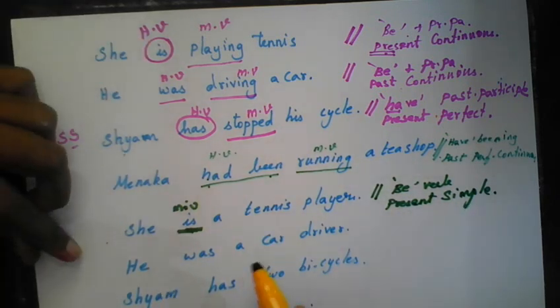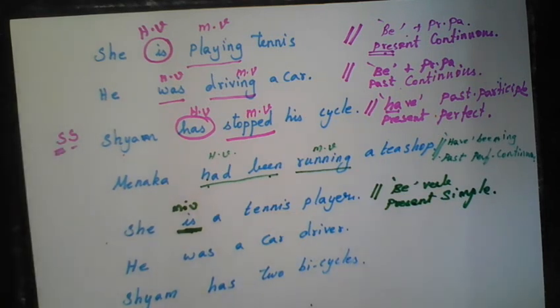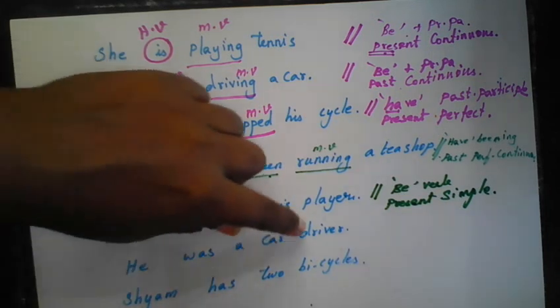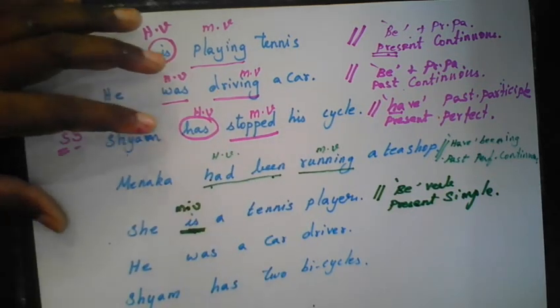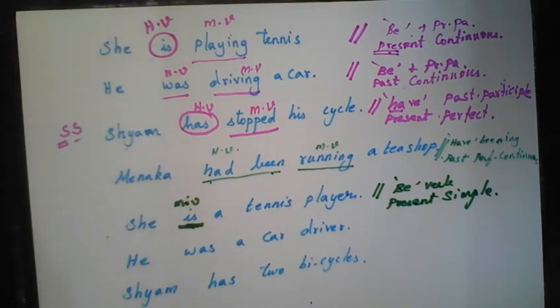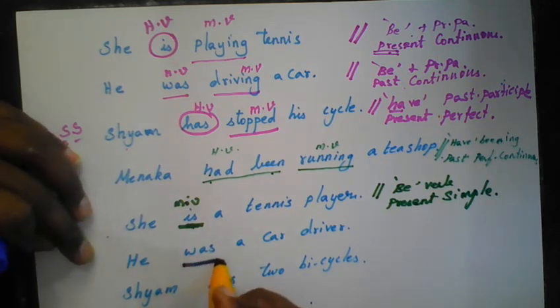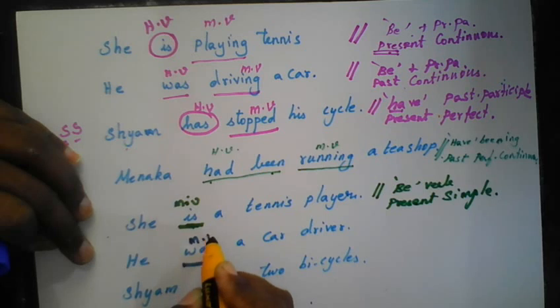Now, he was a car driver. What is the action he is doing now? Whether he is driving a car? No, it's not the verb in the sentence, right? The verb here is was. Was is your only verb. There is no other verb here, so this is our main verb.